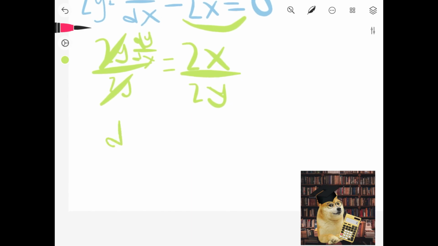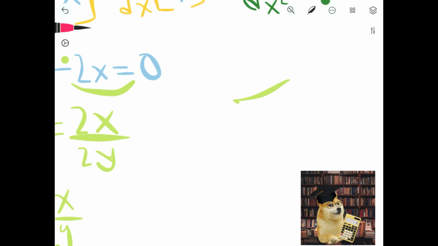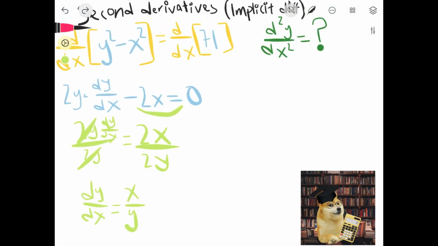We will be left with dy/dx equals 2x over 2y, which is basically x over y. That's our first step. So this means that our first derivative is dy/dx equals x over y.